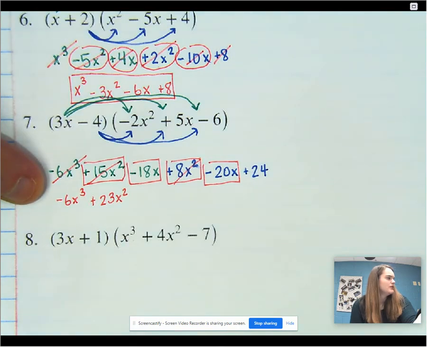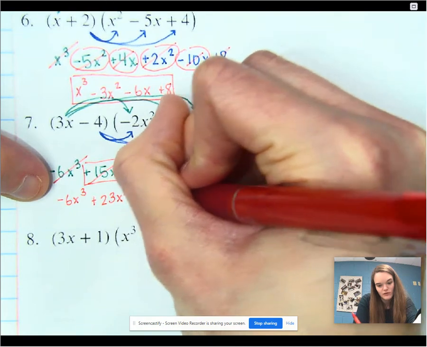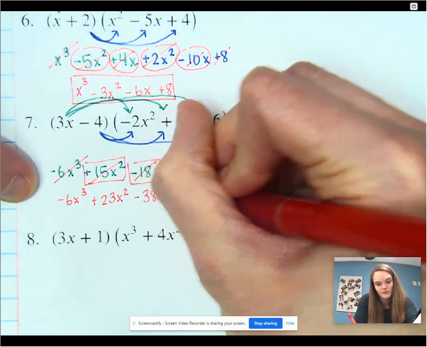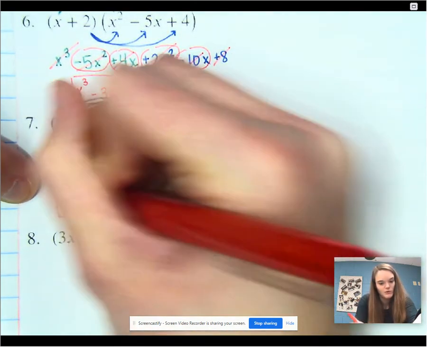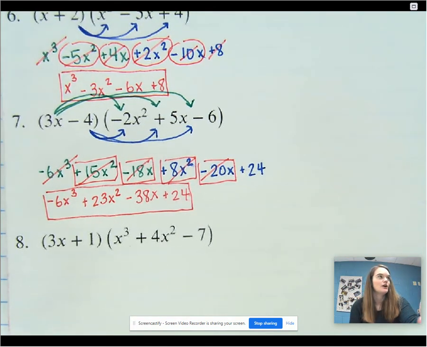Negative 18 plus negative 20 is negative 38x. And 24 doesn't have a like term, so bring it down. And there is our product, our multiplication solution, what we're looking for. So again, pause, try number 8.